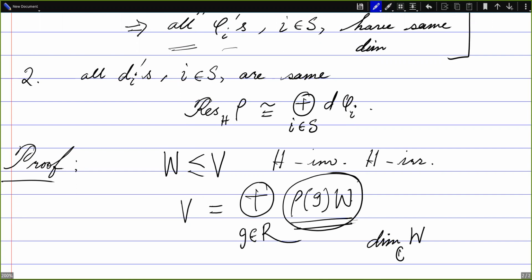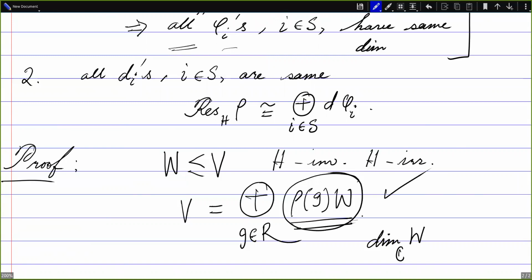Thus we have a decomposition of V into irreducible subspaces, where all the irreducible subspaces occurring in that decomposition have the same dimension. So this is what is happening in this representation.